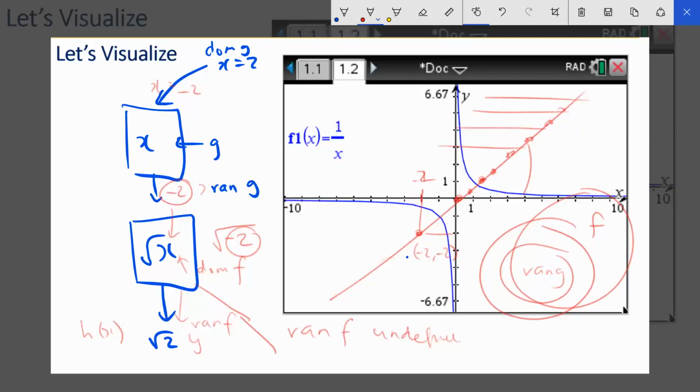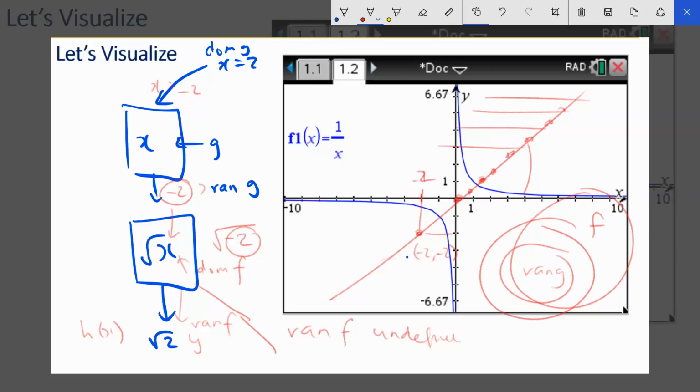The domain for f of g is equivalent to the original domain. The original domain was, we said there could have been anything, but the only way for it to work was that you only pick 0 onwards. True? Yes, we can say that one works.